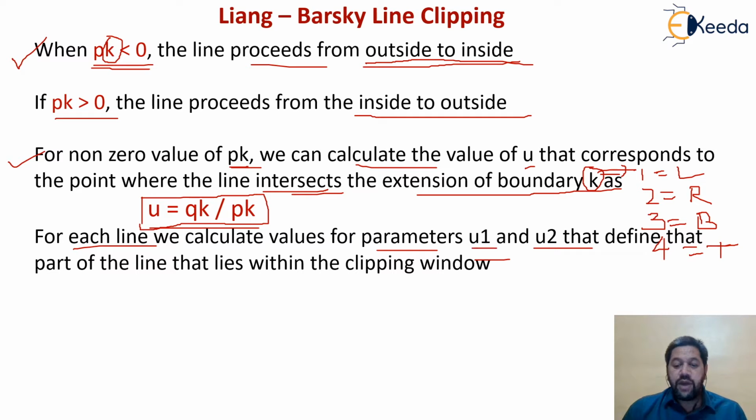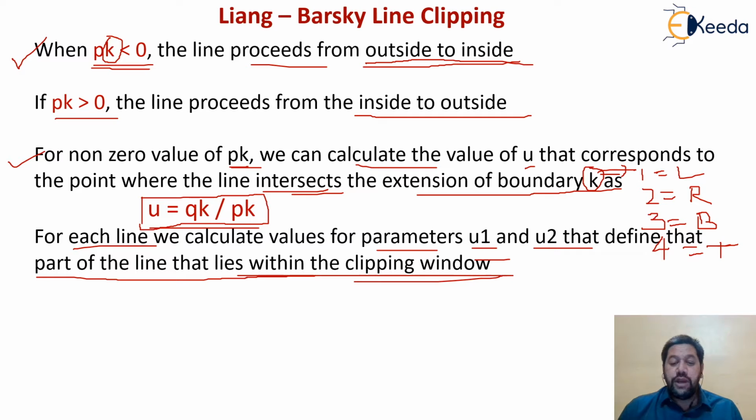These parameters u1 and u2 define the part of the line that lies within the clipping window. Previously we checked that the line is not totally outside, so that we can reject it. So it may be partial, but instead of calling it partial, we define that the part of the line lies within the clipping window, which means obviously it is partial.